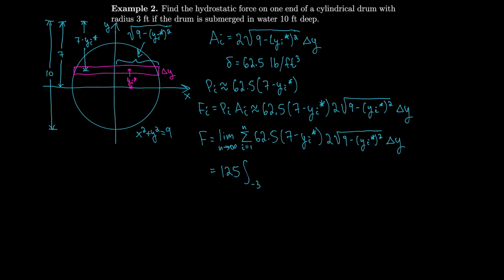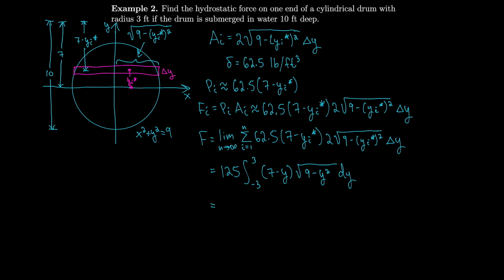So go from minus 3 to 3. I'm stacking these things up along the y-axis, so everything's in terms of y. That's why I use delta y. So that means that I have 7 minus y times the square root of 9 minus y squared dy.